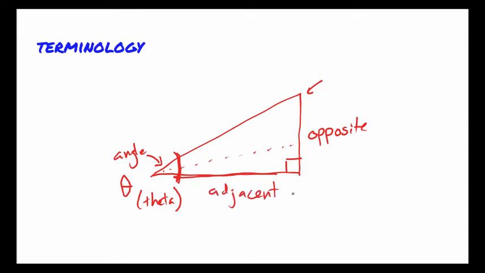That's called the adjacent side, because the word adjacent means next to. It's next to this angle. And then the other side is, obviously, you should know this, the hypotenuse. The hypotenuse is the one that is opposite of the 90-degree angle, right? So really the only ones you have to pick out are which side is opposite of your angle and which side is adjacent to your angle.